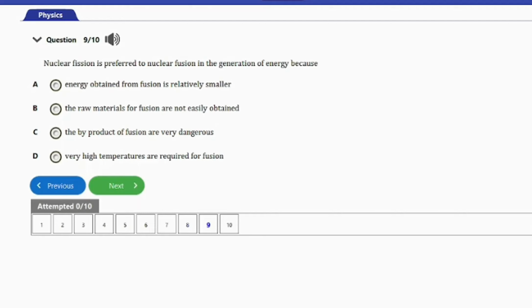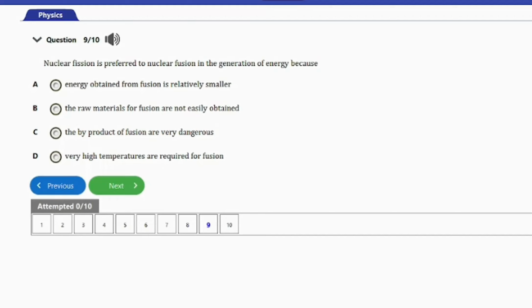So the next question here is question number 9. It says nuclear fission is preferred to nuclear fusion in the generation of energy because A, energy obtained from fusion is relatively smaller, B, the raw material for fusion are not easily obtained, C, the byproducts of fusion are very dangerous, D, very high temperature are required for fusion.